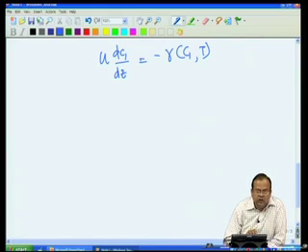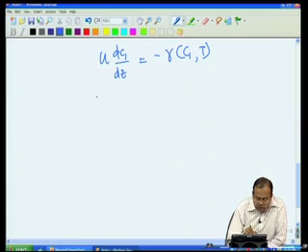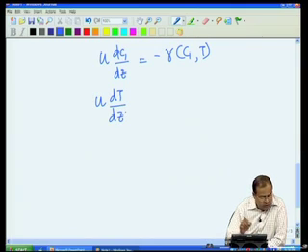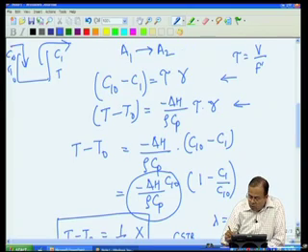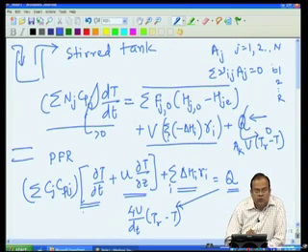Again, I am doing a steady state balance, no dispersion or dispersive flow, because we are looking at ideal reactor operation, and similarly we can write the energy balance just as we wrote the mass balance, as minus delta H rho Cp R of C1 and T. That is, what we are essentially doing is simplifying this plug flow energy balance for adiabatic operation.